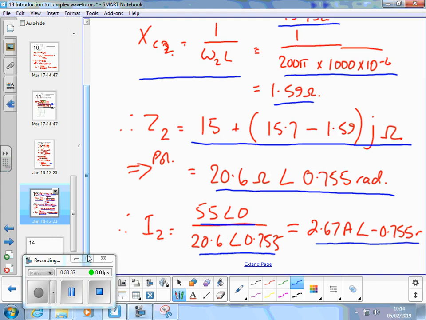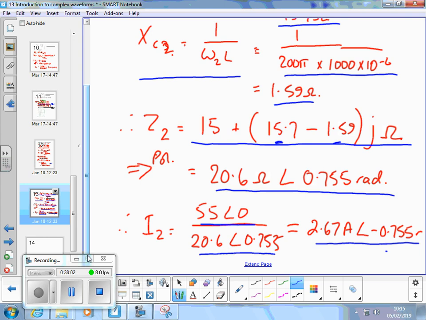And again, we've got an inductive reactance that's bigger than the capacitive reactance. So overall, the circuit is inductive at that frequency, and therefore the current is lagging the voltage. Yeah, and it's always a useful check that you haven't missed a negative sign somewhere or got the calculations wrong.